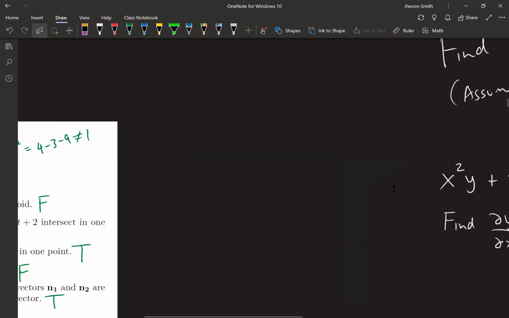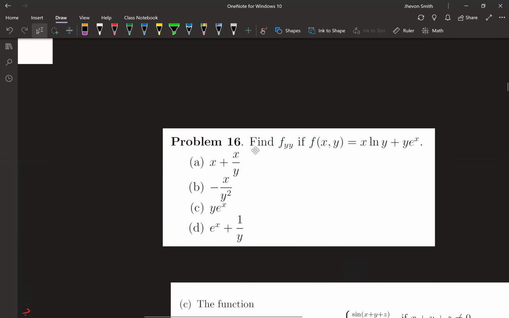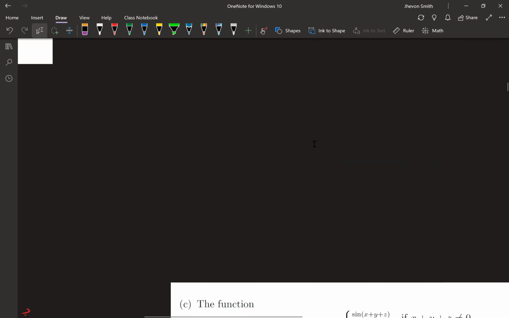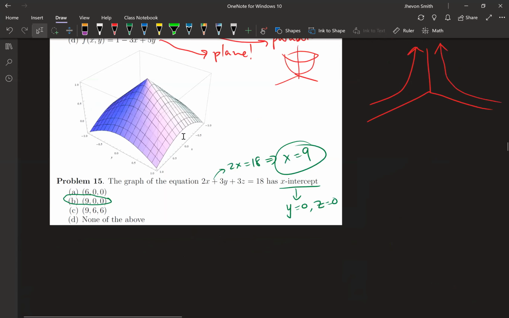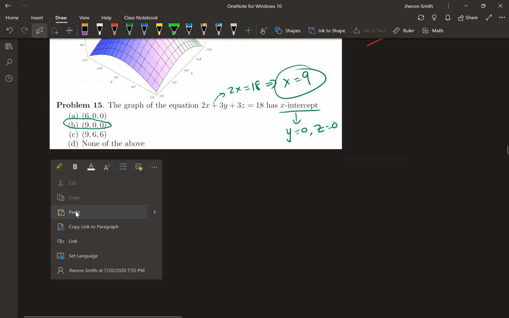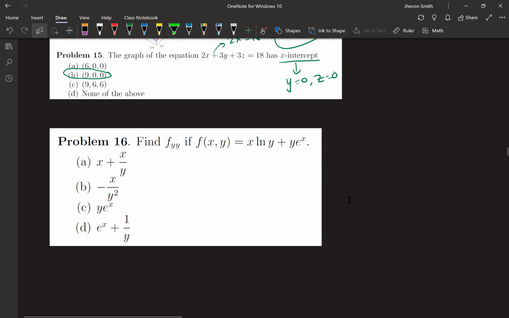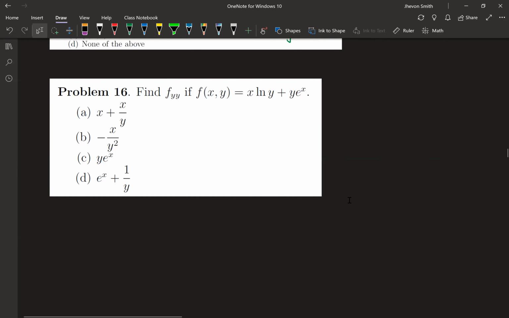Okay. Boom, boom, boom. Here's one on partial derivatives. Find the second partial with respect to y, f sub y y, of this equation. Didn't launch the poll. Let me launch the poll.